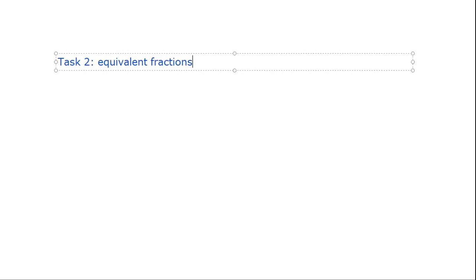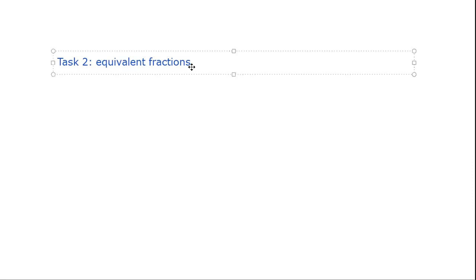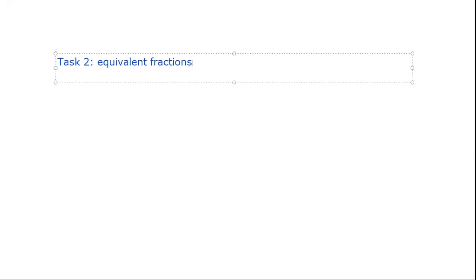What you needed to do was, for example, let's say you have a half. Now you can make a half also with 2/4. You can make it with 3/6, with 4/8, with 5/10, and with 6/12.